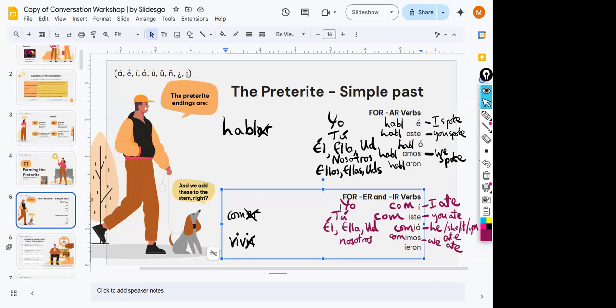And again, when it resembles the English present tense, you have to use the clues around you for context, right? And ellos, ellas, ustedes comieron, right? They ate, you formal ate.